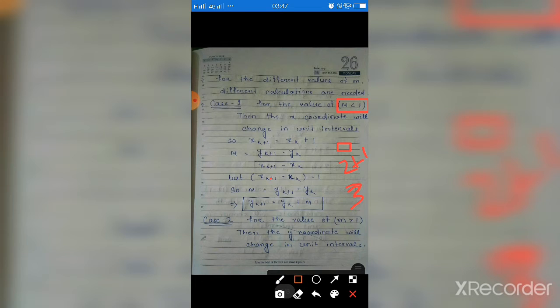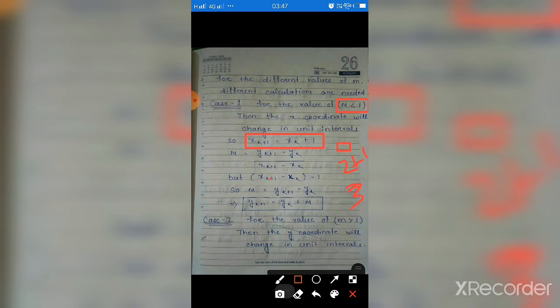This is the xk plus 1 value. After that we have to find the yk plus 1 value. How to find it? To find yk plus 1, first we have to find the slope of the line. So m equals yk plus 1 minus yk over xk plus 1 minus xk.